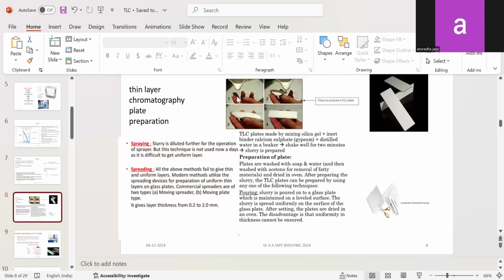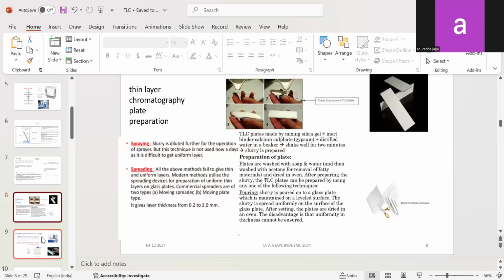After preparing the slurry, the TLC plates can be prepared, for which we can use the spraying type or the spreading type method. So pouring of the slurry is commonly done in the laboratory setup. The students can pour the slurry, or they can use the spreaders.